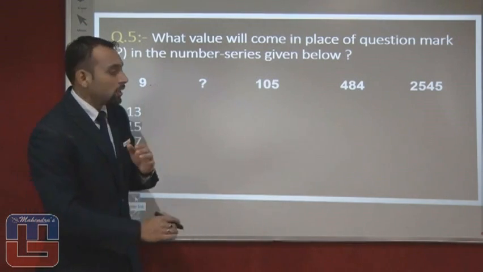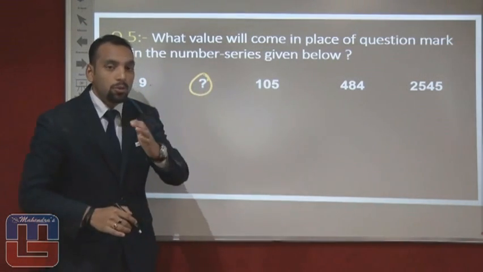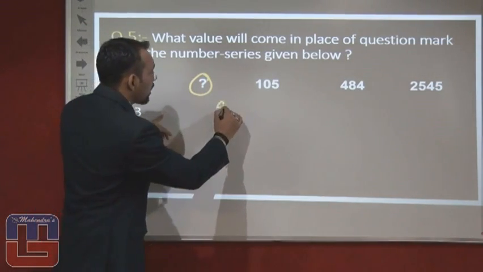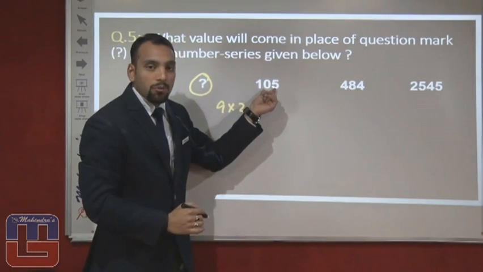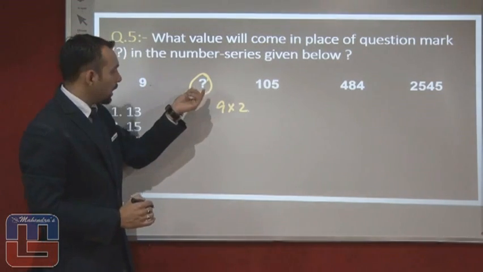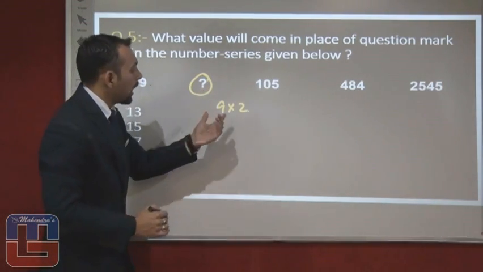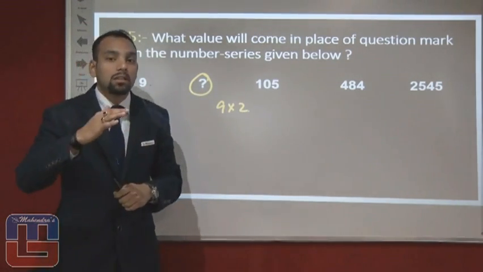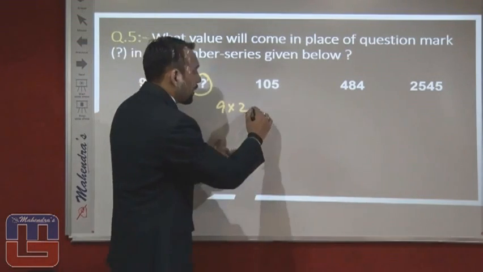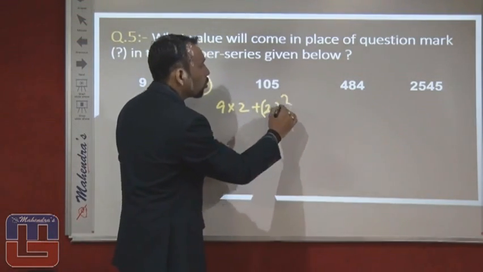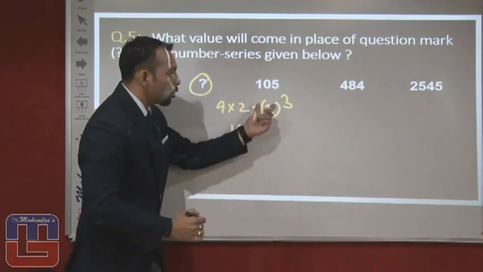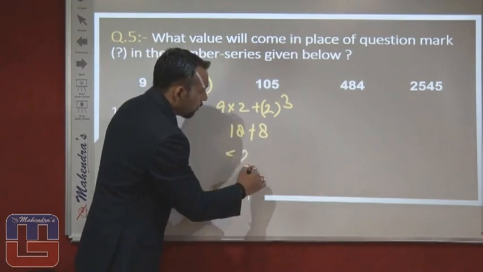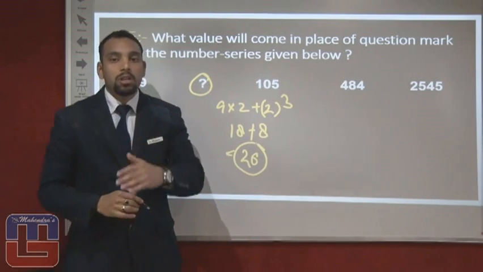So we can say that the value of this question mark is 9 into 2, because here is the multiplication of 4, here will be 3 and there will be 2. So 9 into 2, and we have to add the same number cube, so plus 2 cube. 9 into 2 becomes 18 plus 2 cube is 8. So the value of question mark will be 26.